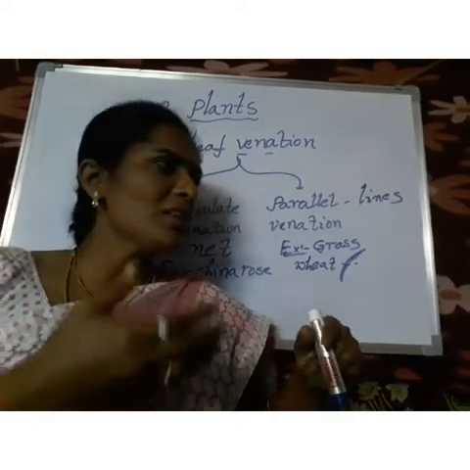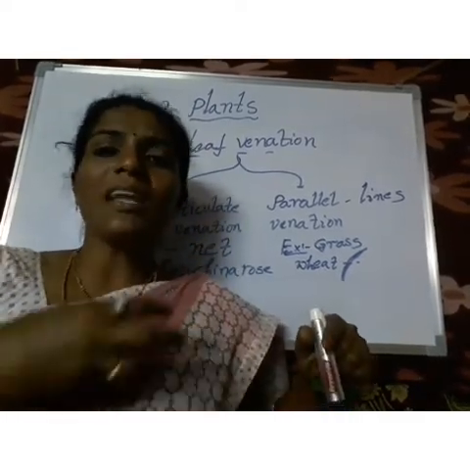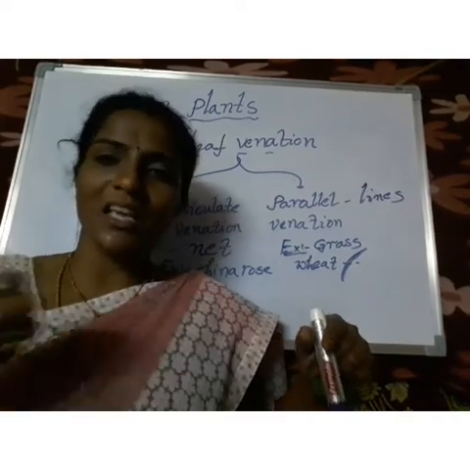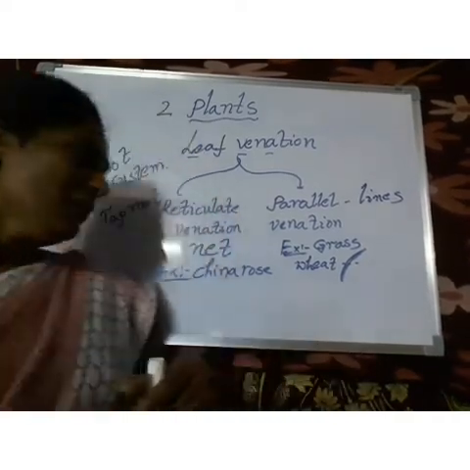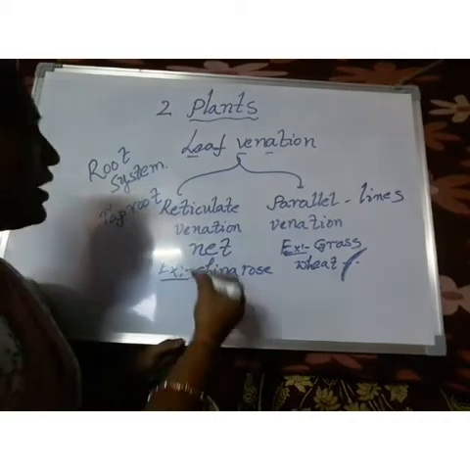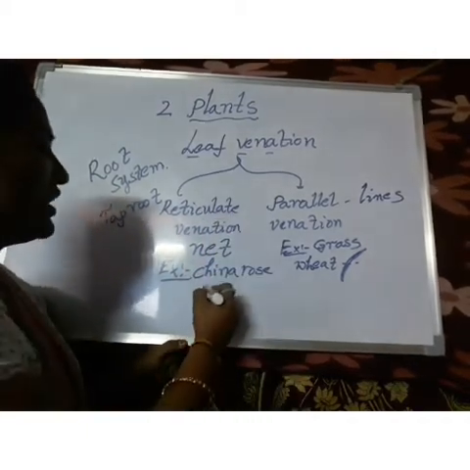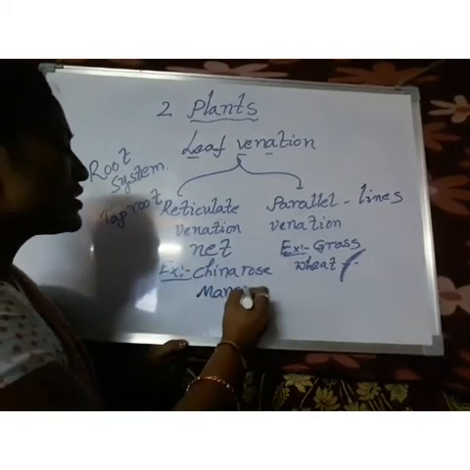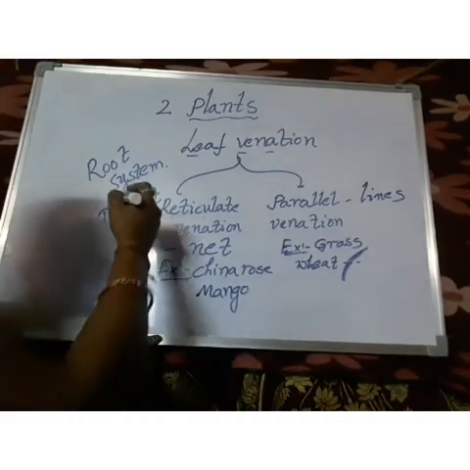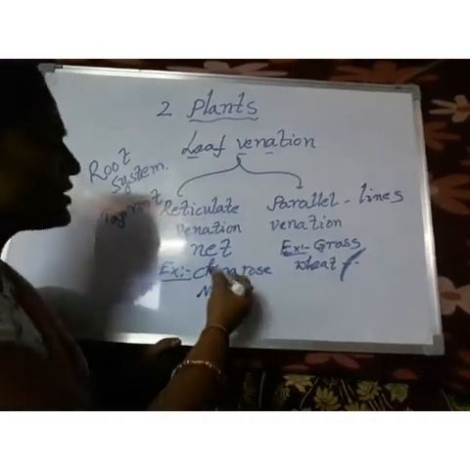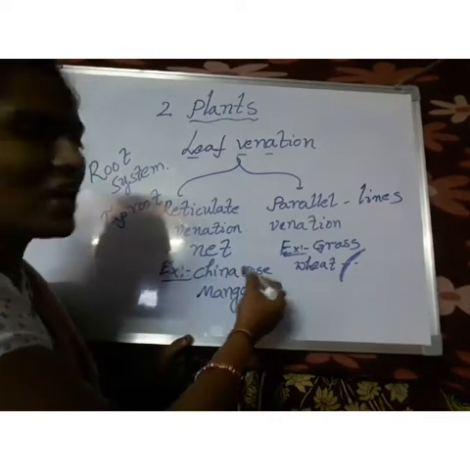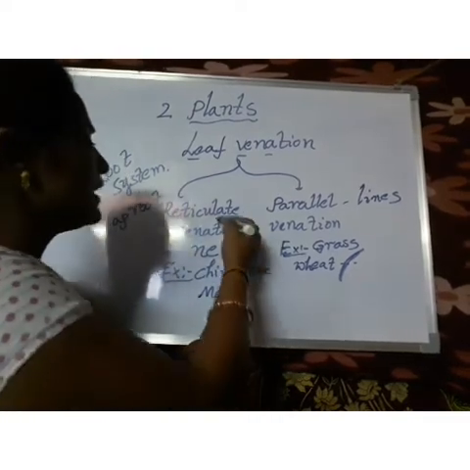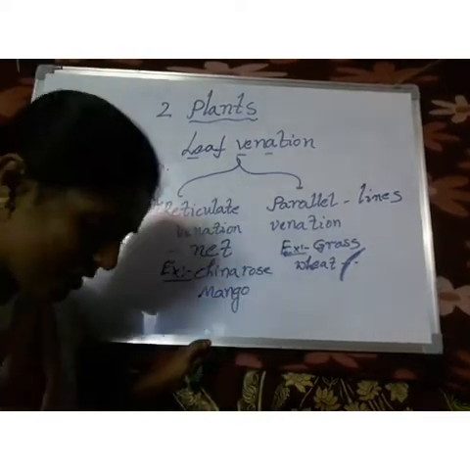Whereas fibrous roots we can pluck out easily from the garden. Mango is an example of reticulate venation, and its roots belong to the taproot system. And one more example I told, China rose, also contains reticulate venation.